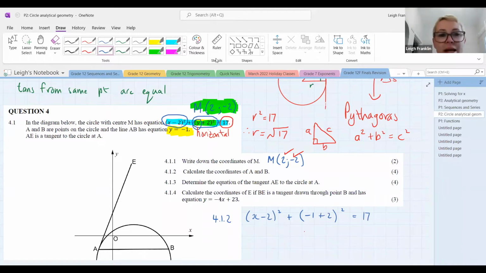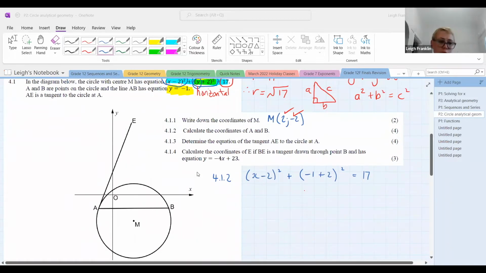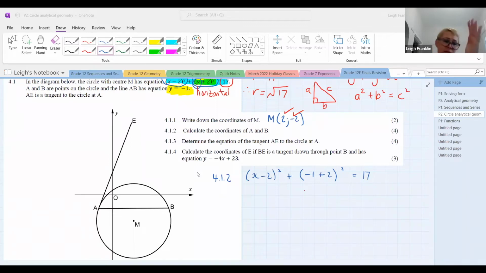Now this has to end up being quadratic, because we need two different solutions for x, one at A and one at B. Remember that if we look at the diagram, we can see that B is like M. It's also in quadrant 4. So we are expecting B to be a number that's bigger than 2 at the very least, because at M, x is equal to 2.